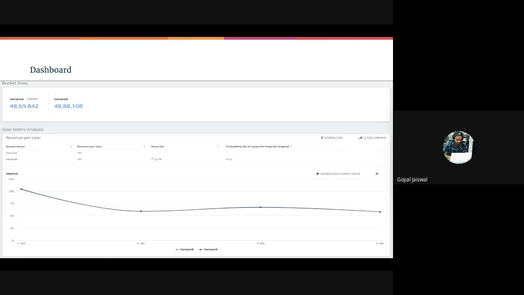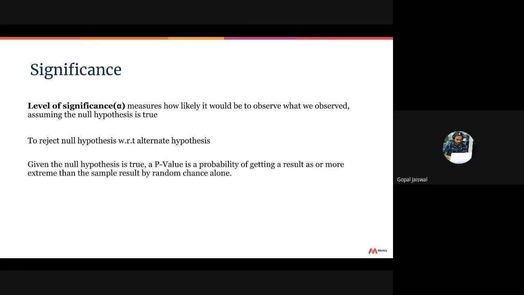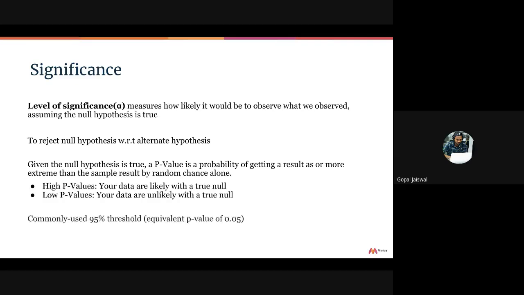So significance helps us deep dive more, like how we can go to the user level and see the distribution for that particular hypothesis. It measures how likely it is to observe what we observe, assuming the null hypothesis is true. So the basic point is we need to assume that our null hypothesis, the previous version we have, is correct. Then only do we take the decision for the alternate hypothesis.